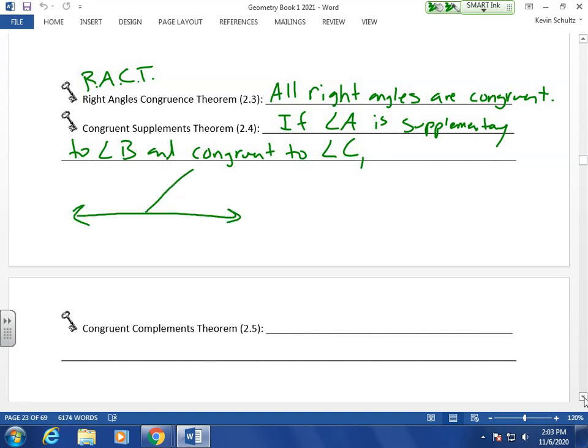So you've got angle A and angle B, which are supplementary. You've got angle C over here that is congruent to angle A. What does that tell us about angles B and C? They are supplementary.